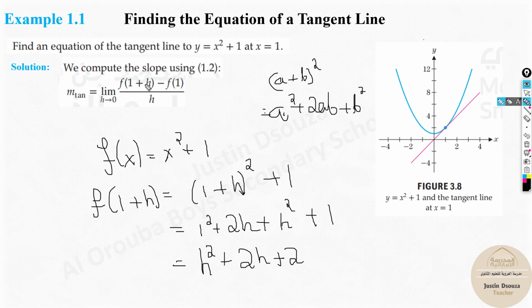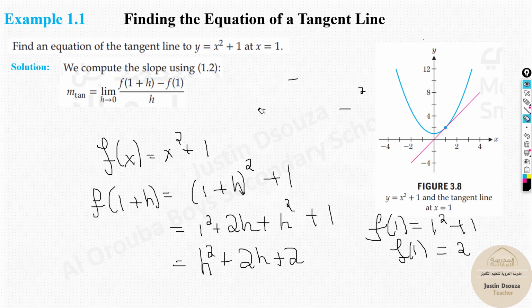That is only this part, minus the other term, f of 1. That means instead of x square it will be 1 square plus 1. So f of 1 is what? 1 square plus 1 is 2, because 1 square is 1, 1 plus 1 is 2. Now h is as it is, so I will just erase this and write the answer over here. We have h square plus 2h plus 2 minus 2, divided by h.